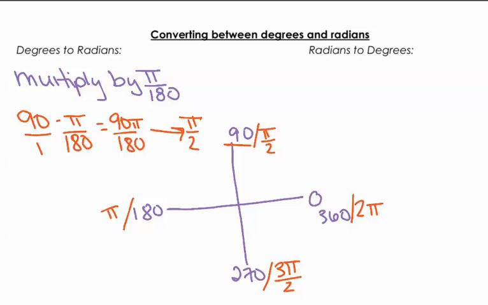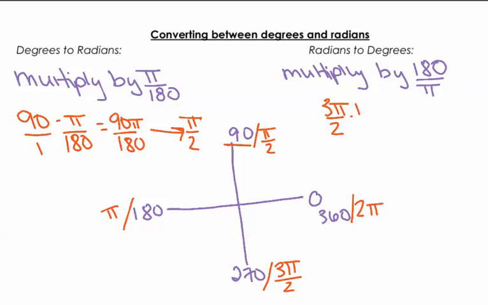And then if we did radians to degrees, it's going to be the same type of formula, except now we're going to multiply by 180 divided by pi. So if we take 3 pi over 2 and multiply by 180 divided by pi, you're going to take 180 and multiply by 3.